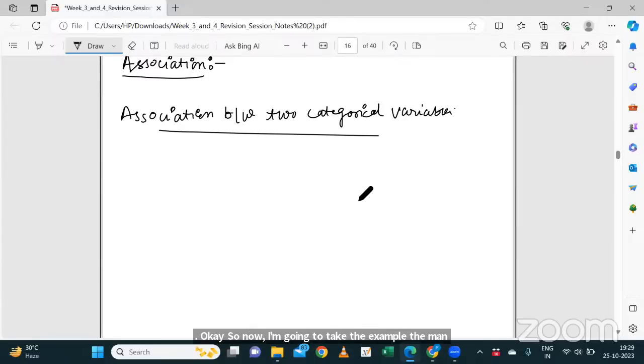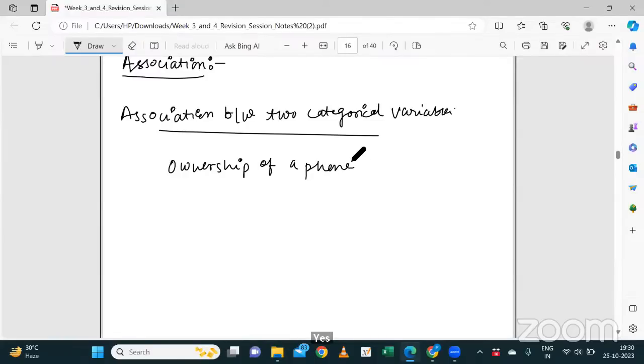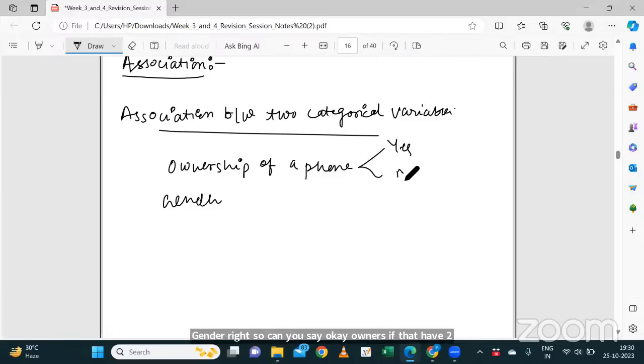One categorical variable was ownership of a phone, and another is gender. Ownership has two categories, yes or no. Gender has two categories, female and male, right? Yes, sir.